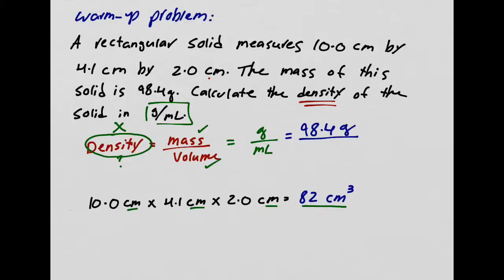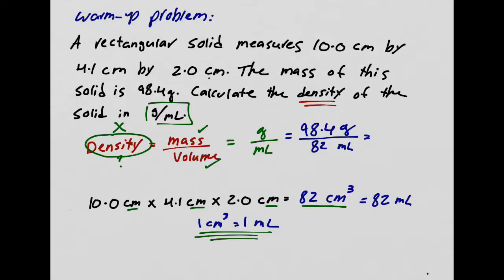And I said 1 centimeter cubed equals 1 mL. I need you to remember that 1 centimeter cubed is equal to 1 mL. So what does that mean? That means if I have 82 centimeter cubed, it's the same thing as 82 mL. That's perfect. So I can just plug it back in here.